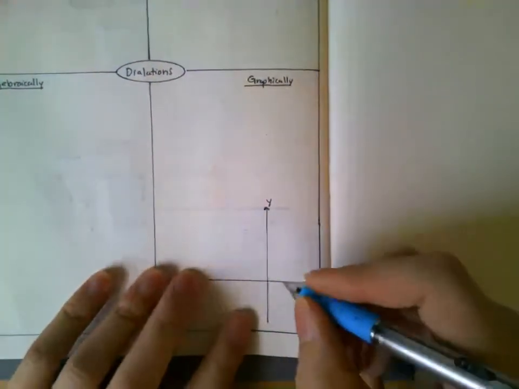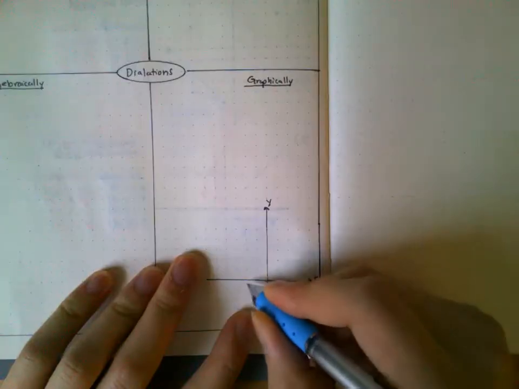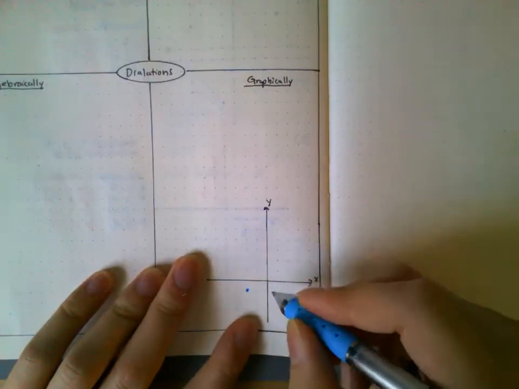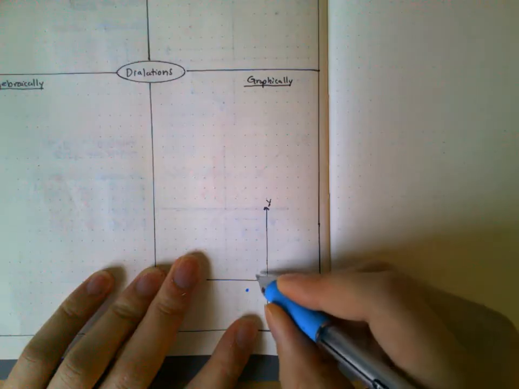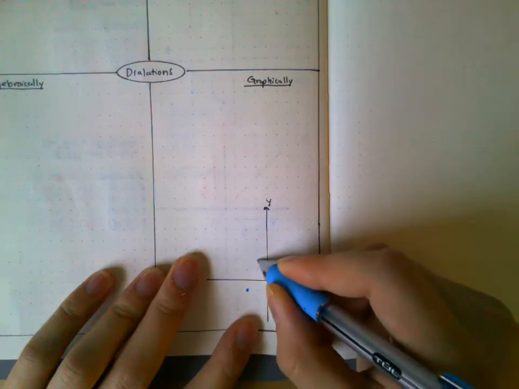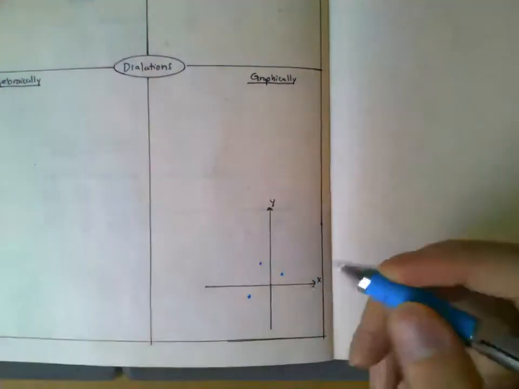Let's say I have a pre-image with points at -2, -1, at -1, 2, and at 1, 1.